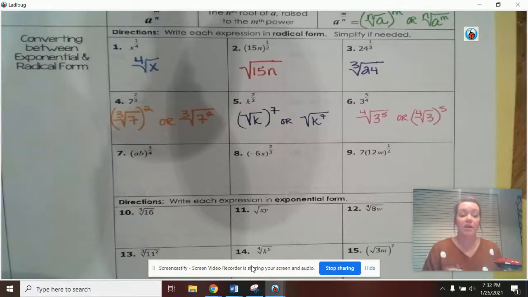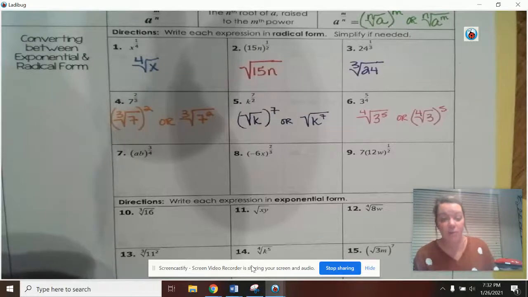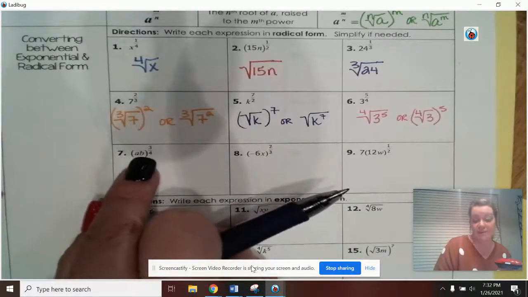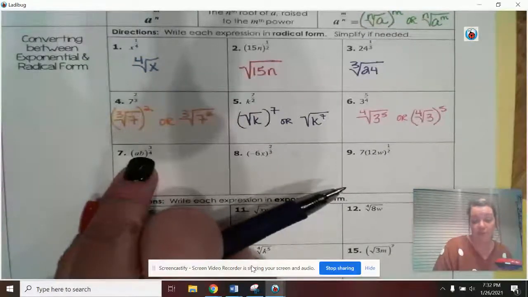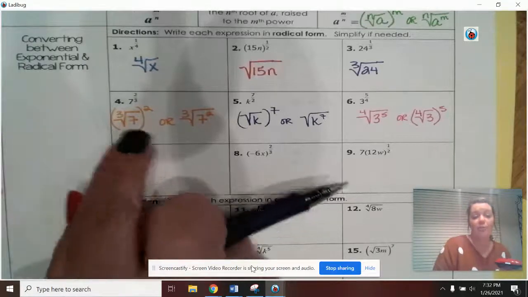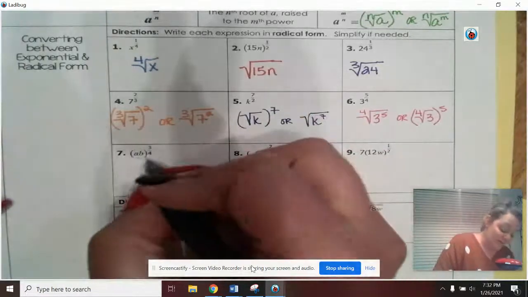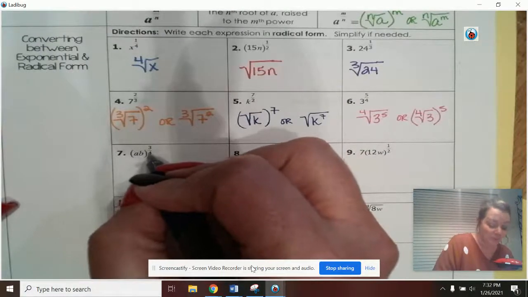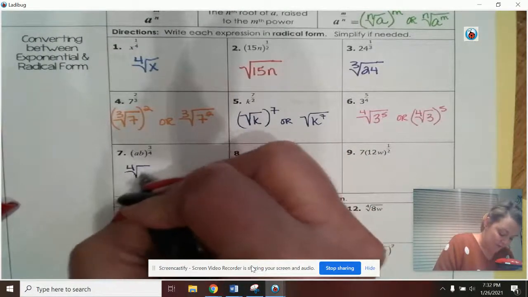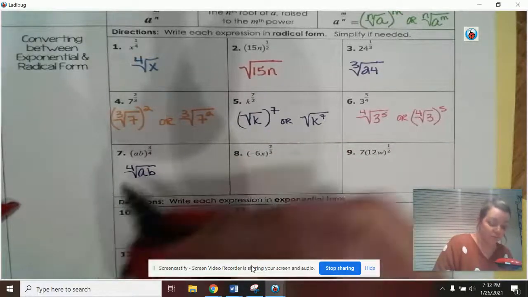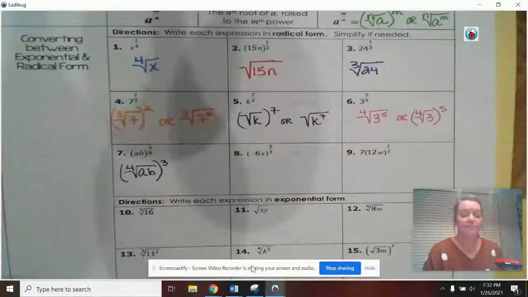AB to the 3/4. Now, this is one where I want to be more particular, and I don't want to do it either way because there are 2 things that are going to be underneath my 4th root. When there are 2 things underneath your 4th root, I want to pull it all outside with the parentheses. So I'm going to write this one as, the number on the bottom is the root, the 4th root of AB, it's all underneath the root, and then I'm going to raise the whole thing to the 3rd power.